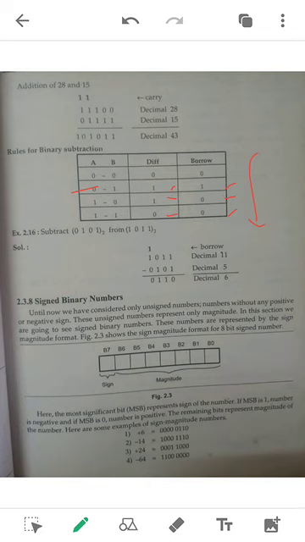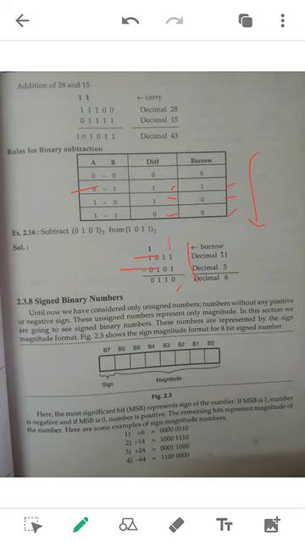You want to subtract 0101 from 1011. So here you can see, first step is 1011, second step 0101. We want to subtract. So 1 minus 1. What do you get? Difference is 0 and the borrow is also 0. Okay.